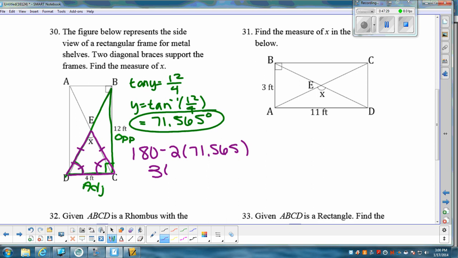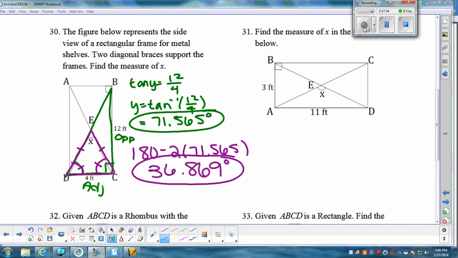I get 36.869 degrees. So there's angle x.